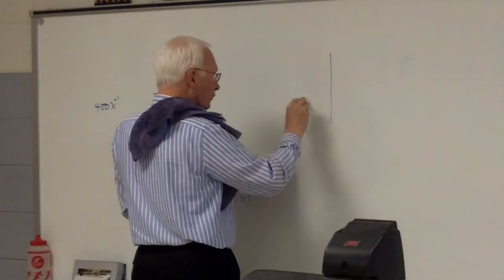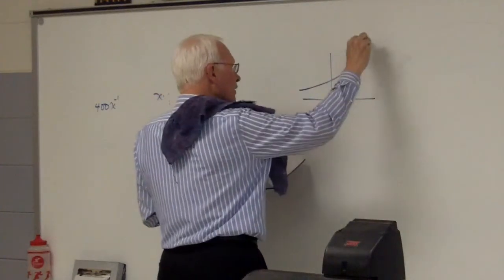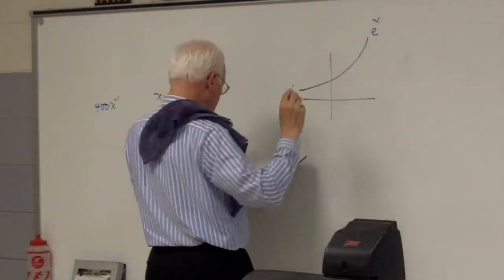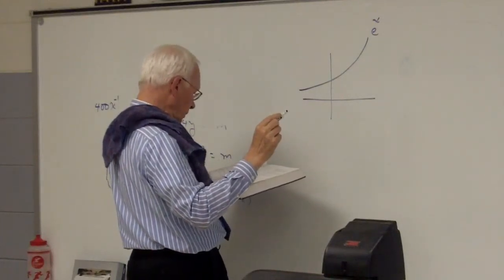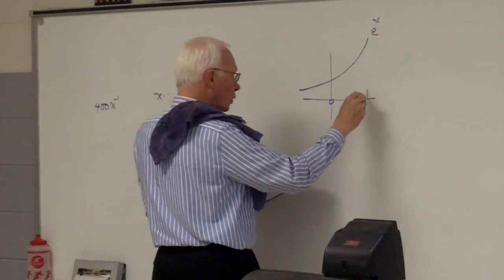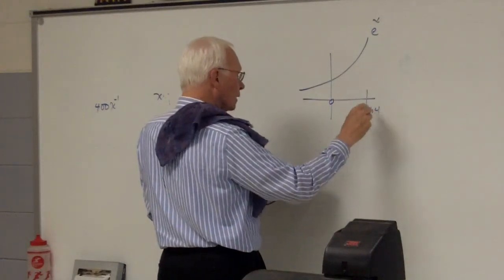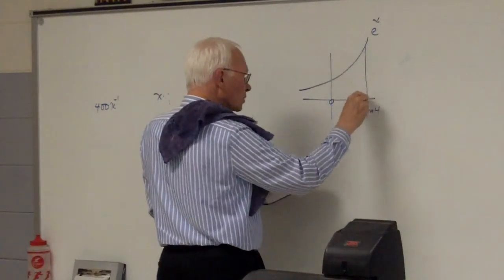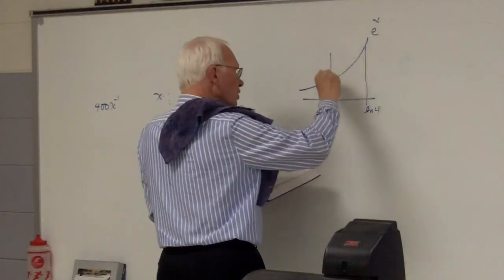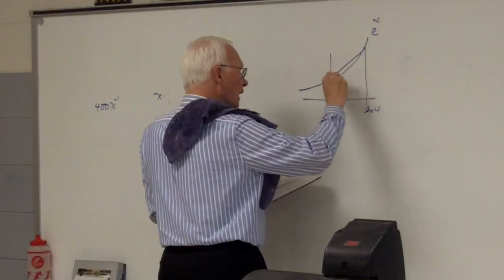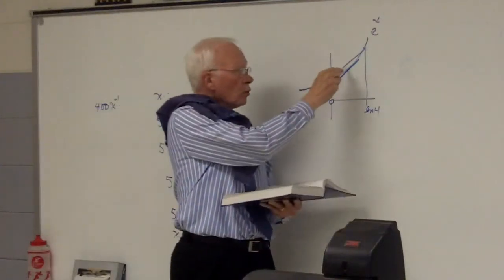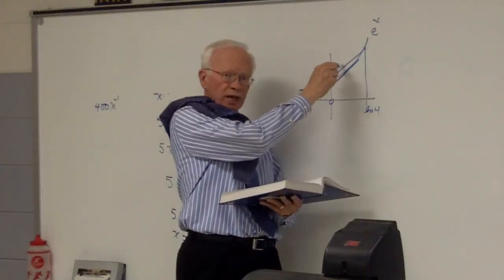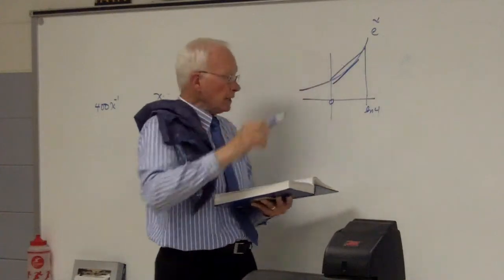We have this curve that's e to the x, and we're going to go from 0 to over here, which is ln of 4. You notice this slope here, and we're going to have another slope here. I want to find where these two slopes are the same.